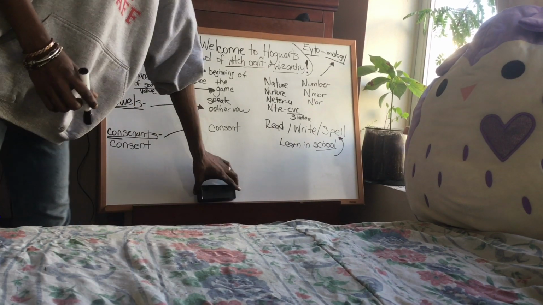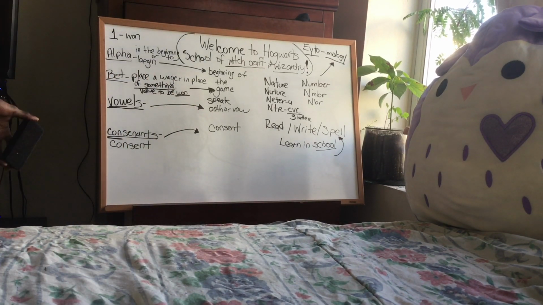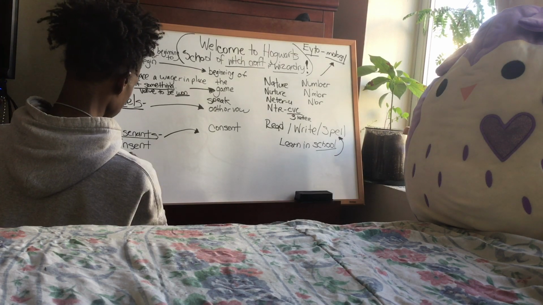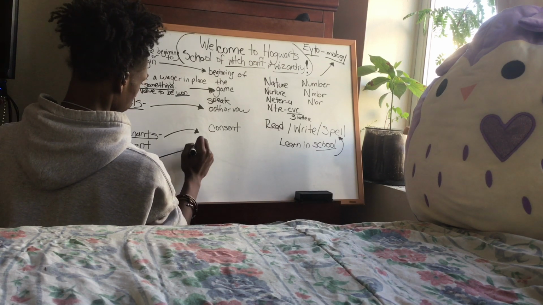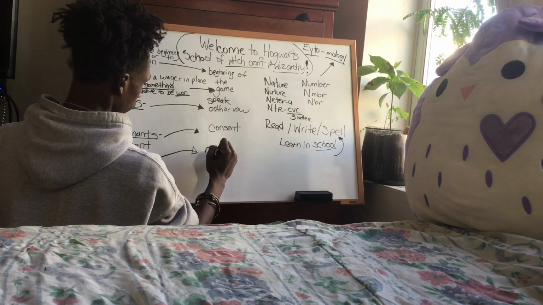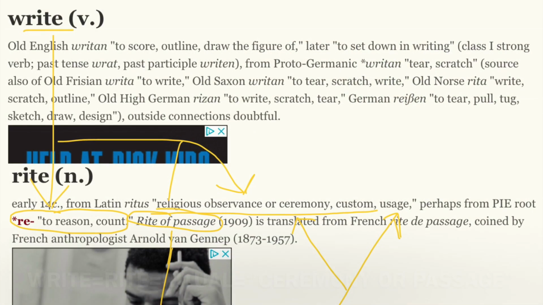After you learn how to read, how to write, how to spell, write means right. And the word right means a what? Ritual.